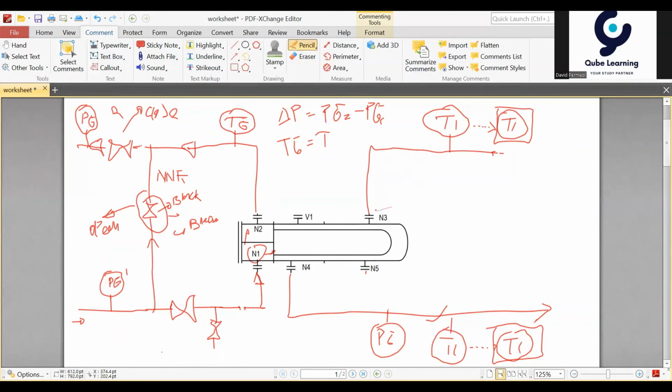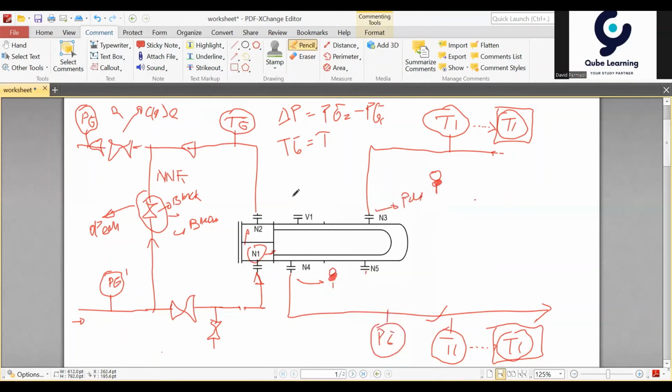We need to put in a spectacle blind, indicated here, to ensure that during online maintenance your exchanger can be taken out of normal service. And maybe you can just put it as the blind here.